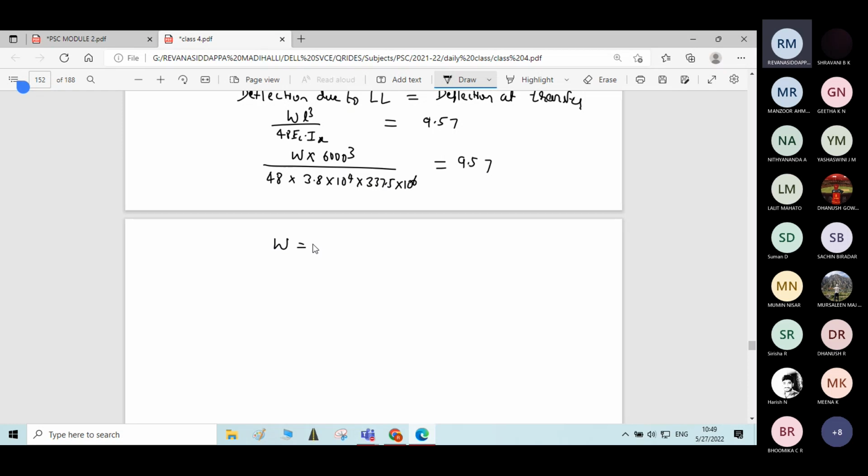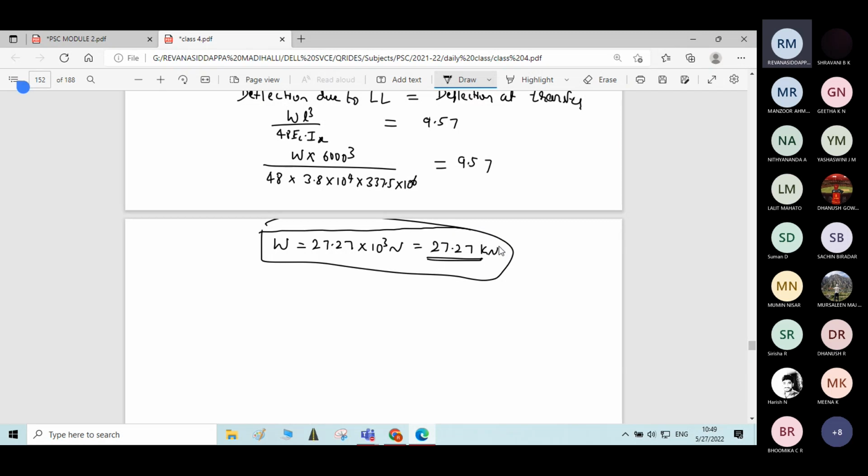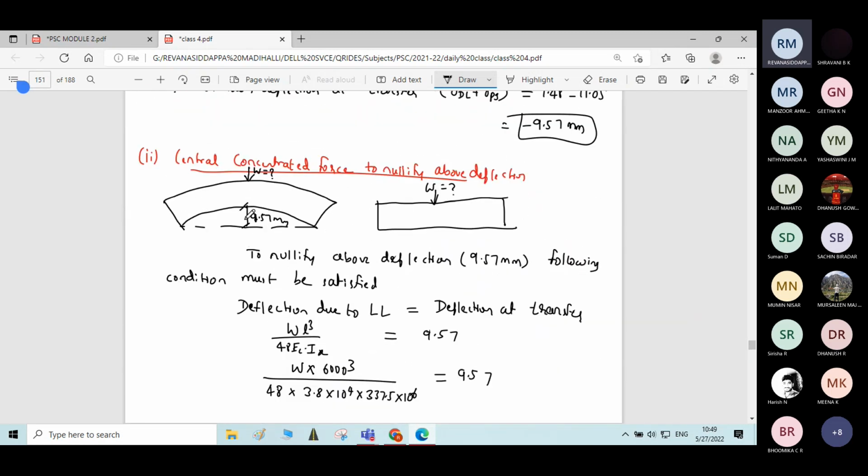So you will get the answer as 27.27 into 10 power 3 Newton, which is 27.27 kilonewton. So if you apply a central concentrated load of 27.27 kilonewton, then the deflection due to prestress and the dead load will get nullified. So the beam will be in static condition.